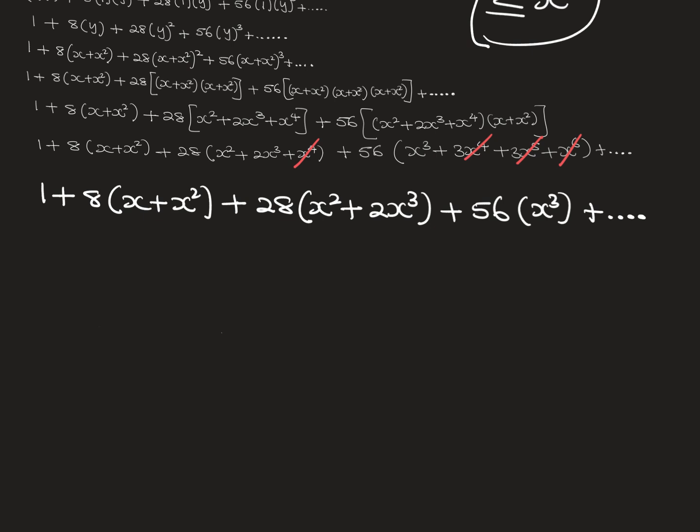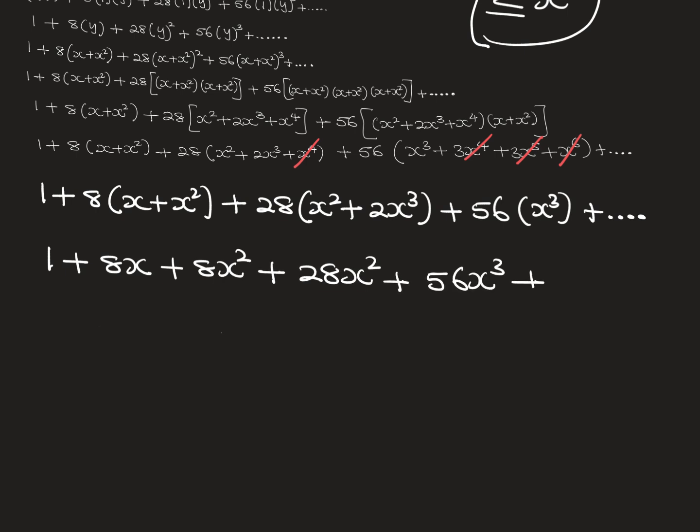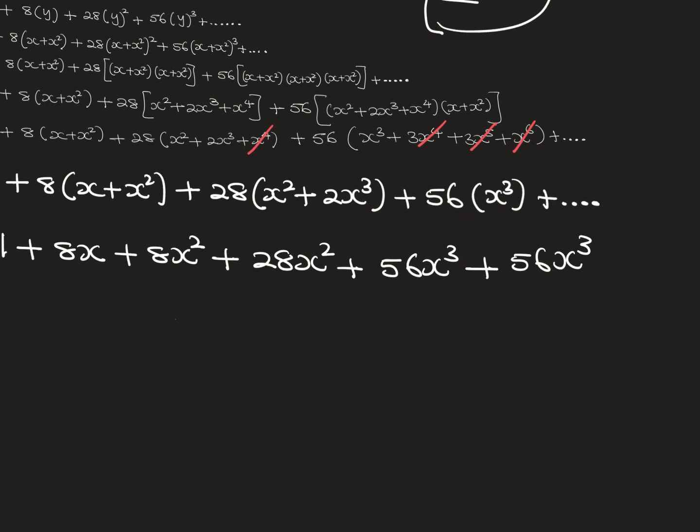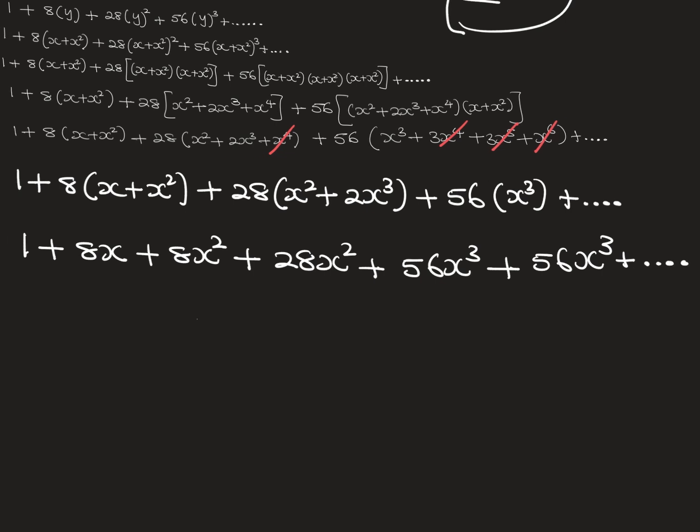If I expand this, I'll have 1 plus 8x plus 8x squared plus 28x squared plus 56x to the power 3 plus 56x to the power 3, then plus continuous.